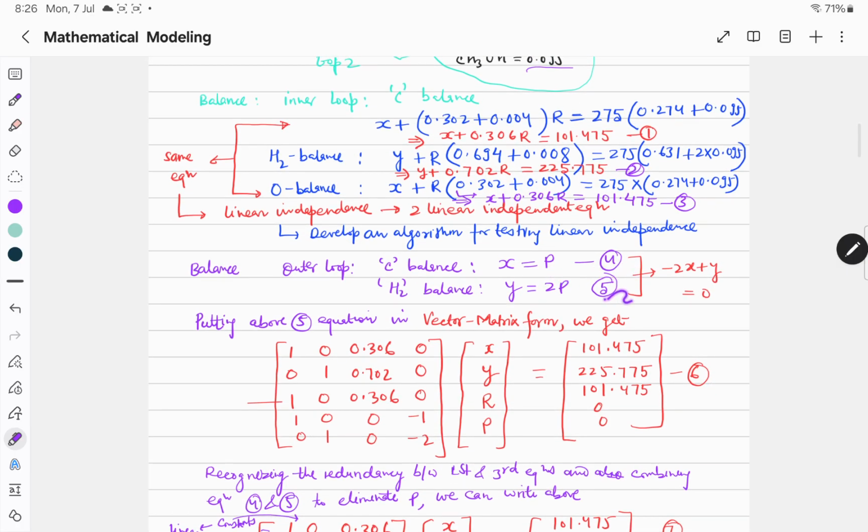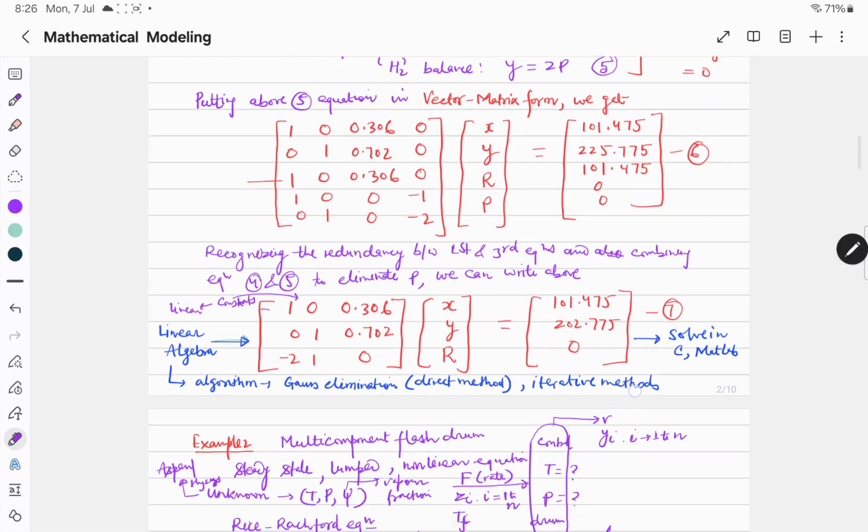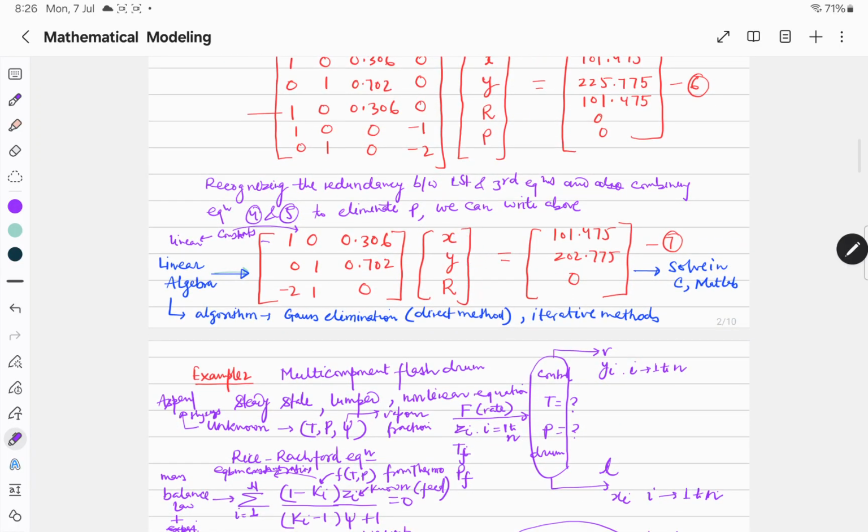Moreover, equation 4 and equation 5 we can combine into minus 2x plus y is equal to 0. So we will get only 3 equations and 3 unknowns: x, y, and r.